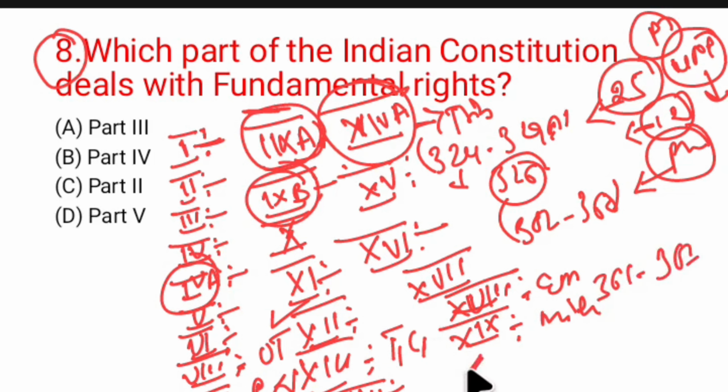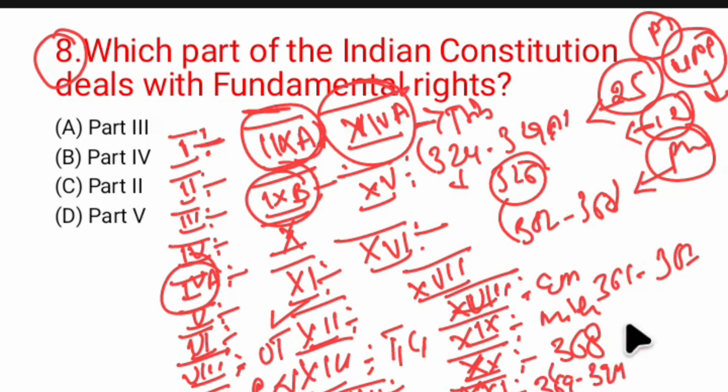And Part 20, this was important, talks about amendment procedure mentioned in Article 368. And Part 21 talks about temporary provisions, contains Articles 369 to 392. And Part 22 finally talks about short title, commencement, authoritative text in Hindi, and repeals. So these were 25 parts.